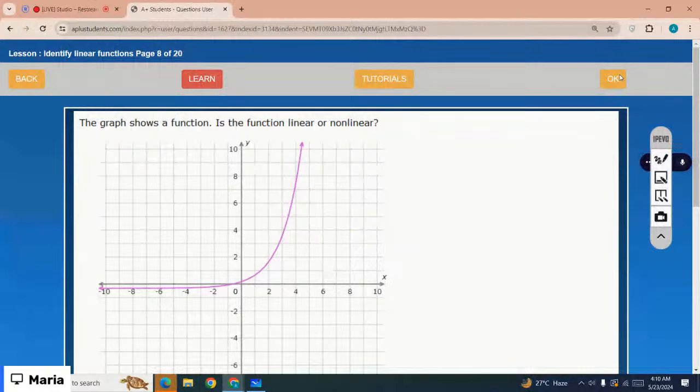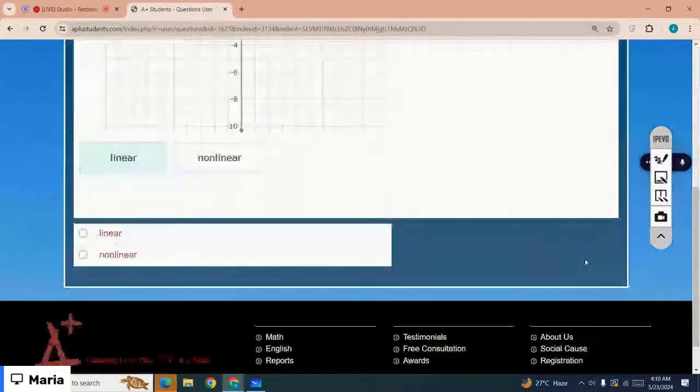Is the function linear or non-linear? Non-linear it is, right? Okay, you can complete the lesson by yourself later today.